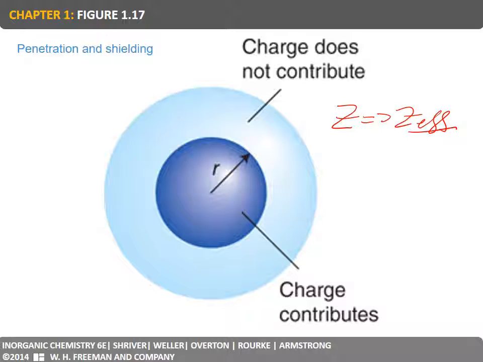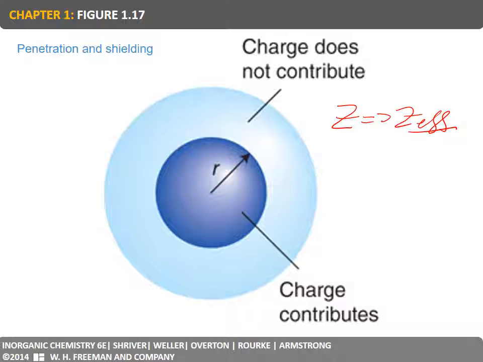Therefore, this effective reduction of the nuclear charge in different levels by other electrons that are involved and have the repulsive forces is generally called shielding of the charge, or just shielding.